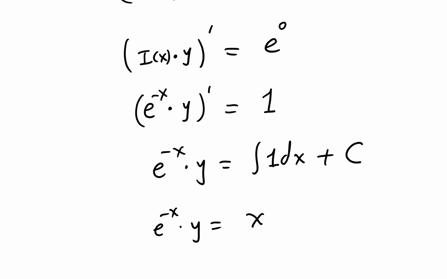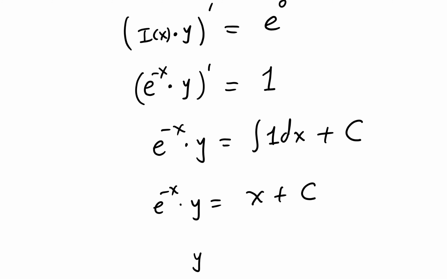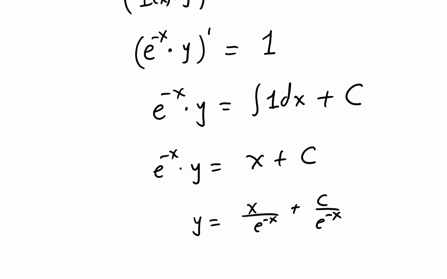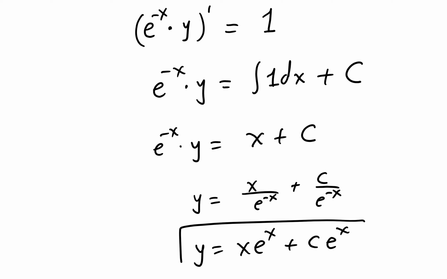This is x plus c. And it's not done yet because I want to solve for y. So you can divide everything by e to the negative x. So when you divide that, you get y equals x over e to the negative x plus c over e to the negative x. It would be nice if you can rewrite this as x e to the x plus c e to the x.